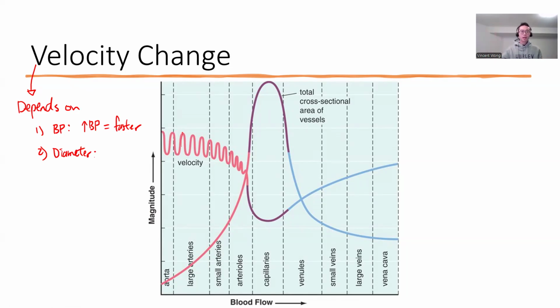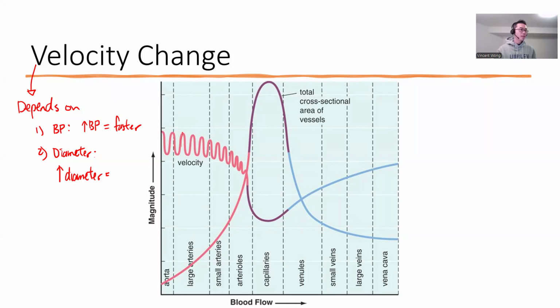Right? And when you think about it, if you have greater diameter, bigger diameter, is it faster or slower? Don't think about the blood pressure. Just think about the diameter on its own. Okay? If you have a bigger vessel, do you think blood is going to be able to go through it faster or slower? Let's do a poll and see.